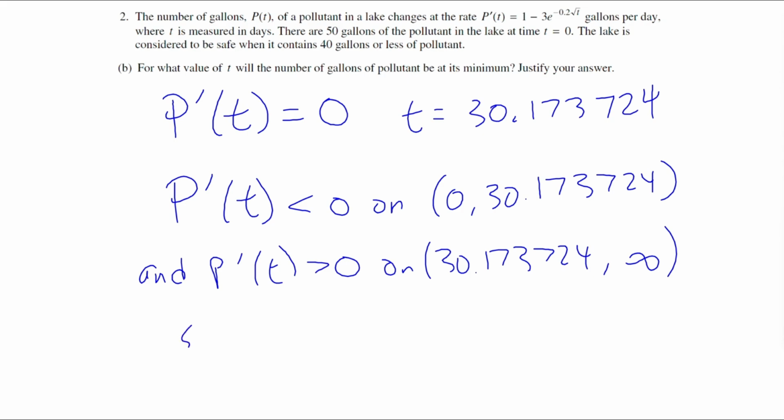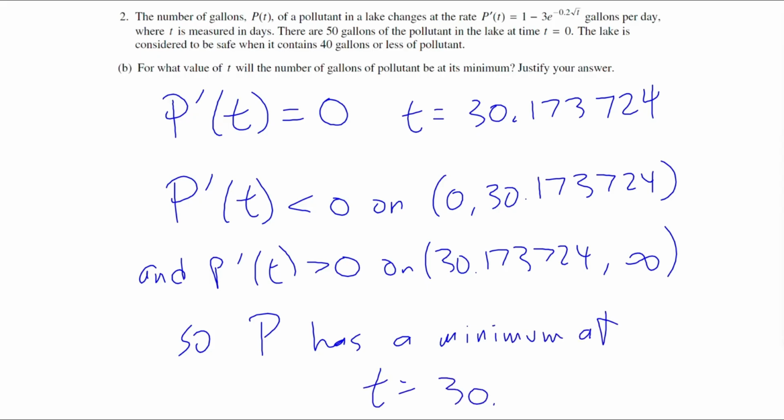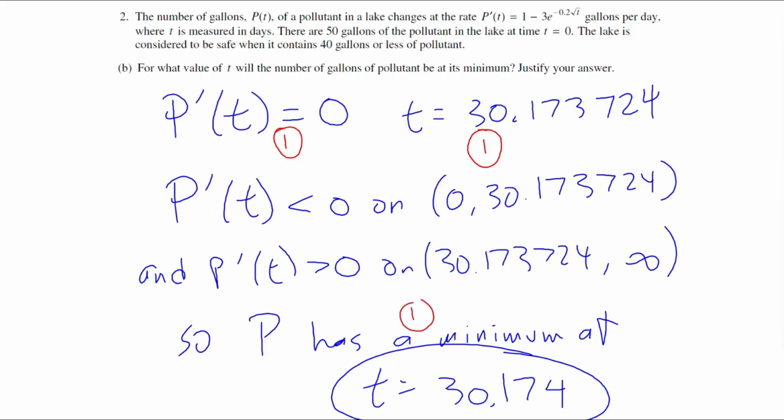And so P has a minimum at t equals 30.174. We can round it to 3 or more decimals. They give you 3 points there: 1 for setting it equal to 0, 1 for the value, and 1 for the justification that P prime is negative and then P prime is positive.